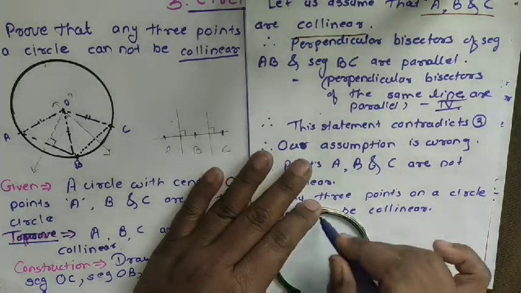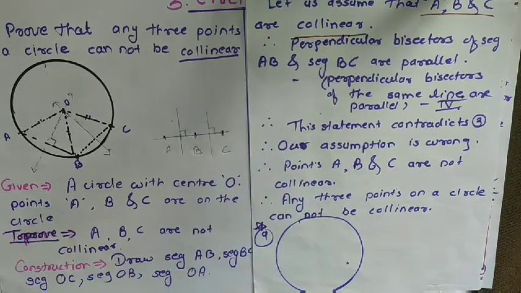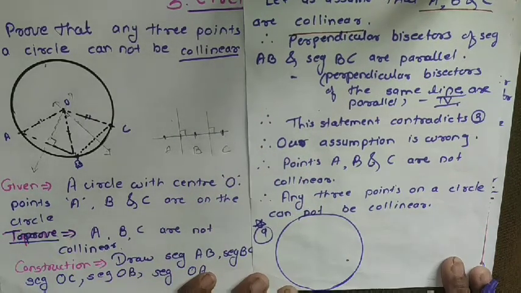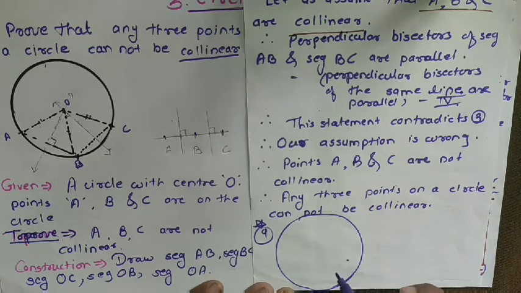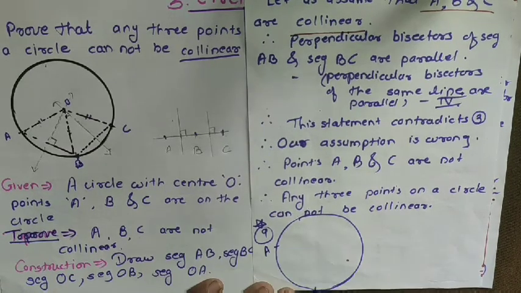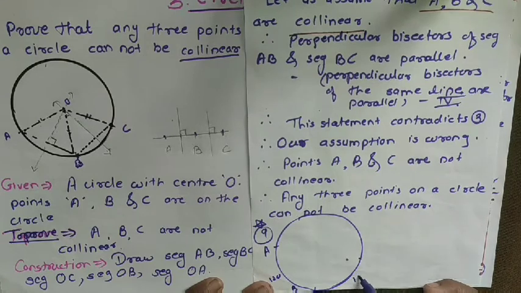Suppose this is the circle. I am going to explain only this. So this is my circle ABC, with points on the circle such that arc AB is 120 and arc BC is also 120.